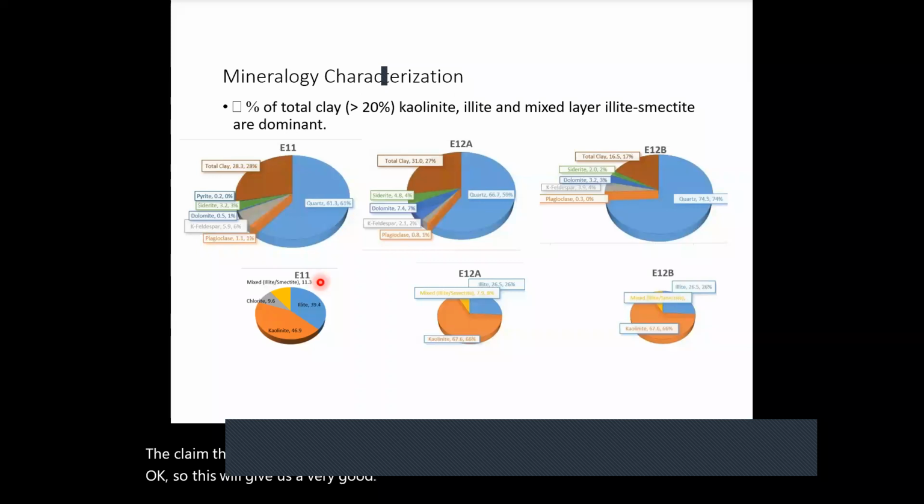Because if you don't have such information as mineralogy, using software will be garbage in and garbage out. There will be no good results, and the stages that can be created by the software are not accurate.